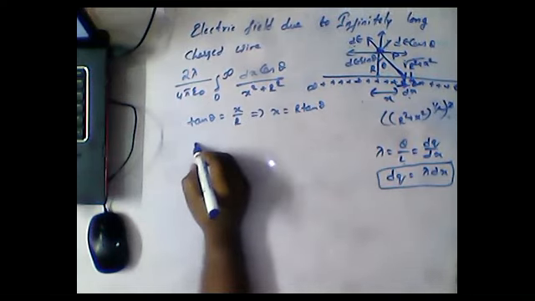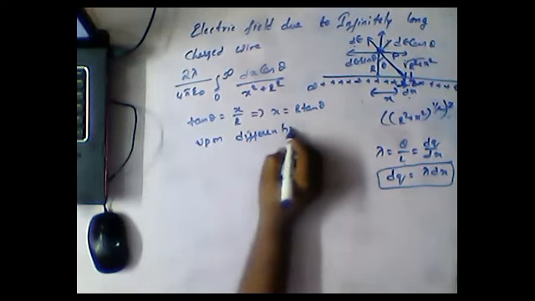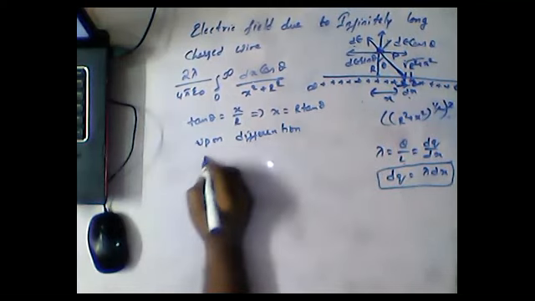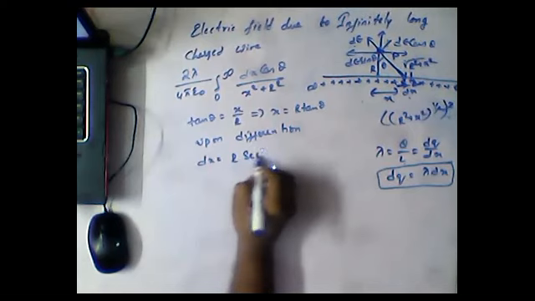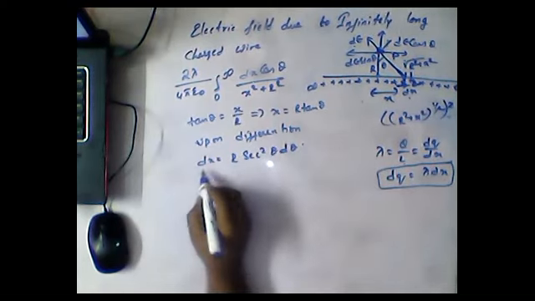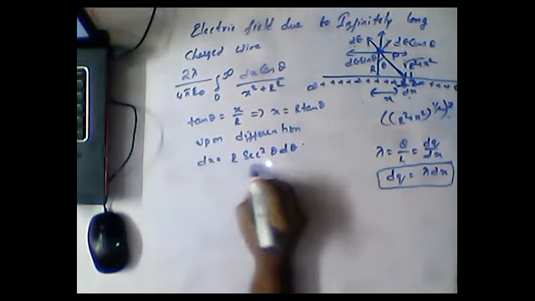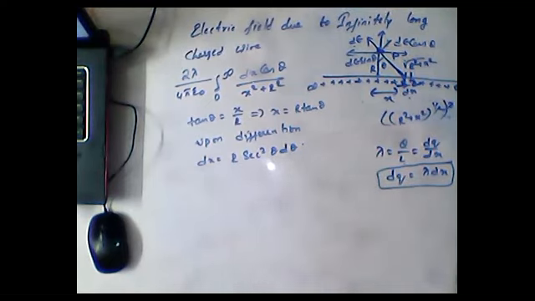Now, upon differentiation, we are getting dx is equal to r secant square theta d theta. So instead of dx, I can substitute r secant square theta d theta. Now we can also change the limits here.